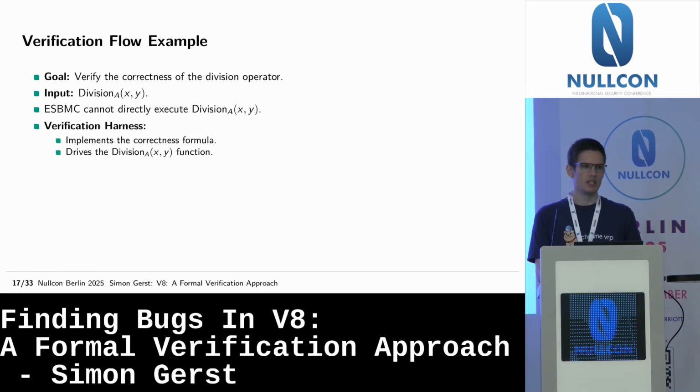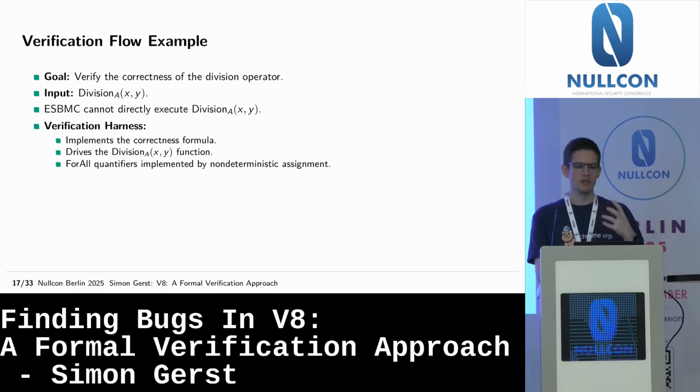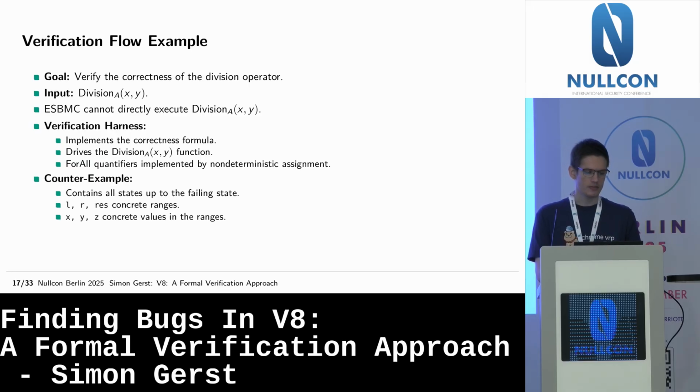So similar to a fuzzing harness, I write a bounded verification harness, which first implements the correctness formula, so the assertion that I want to check, and that drives the division function. And then we implement for-all quantifiers using non-deterministic assignments. And now either we get the result that the code is correct, or we get a counterexample.